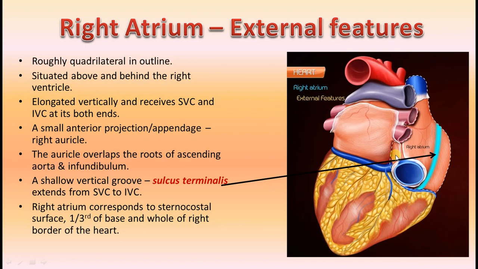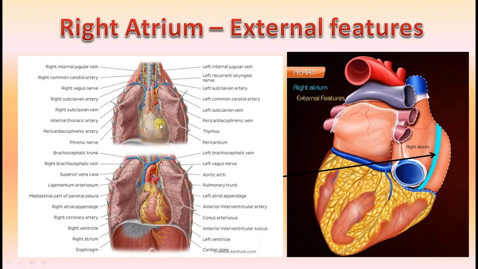With respect to the other visceral and external relations of the right atrium, anteriorly it is related to the anterior margin of the right lung and the mediastinal pleura.